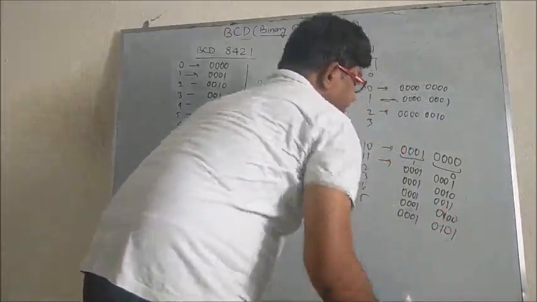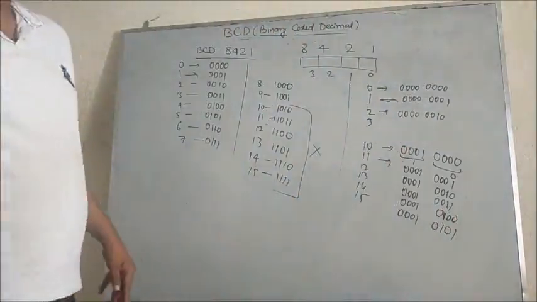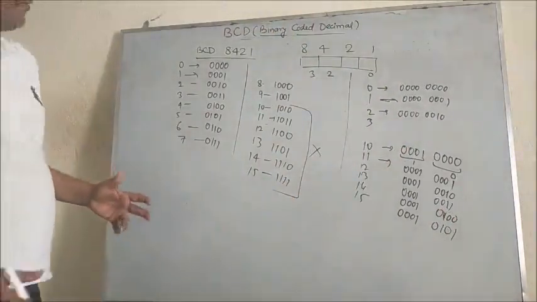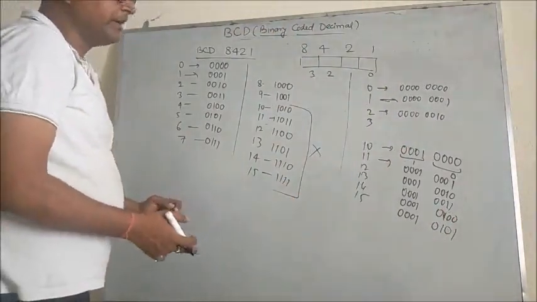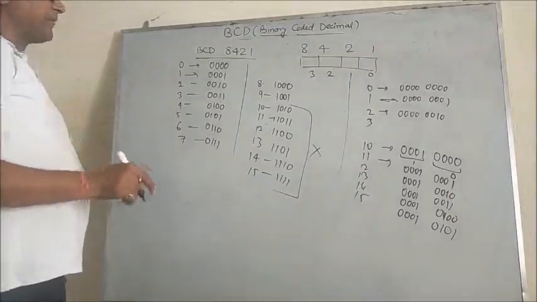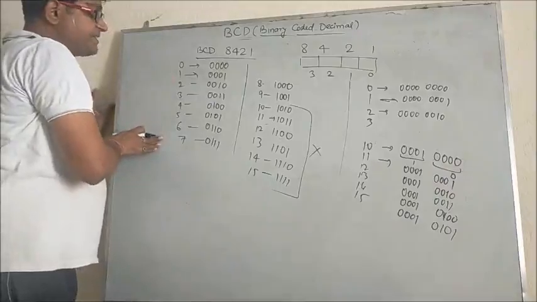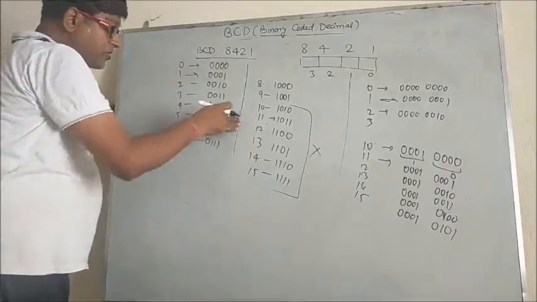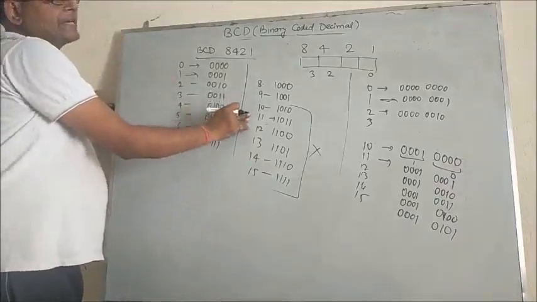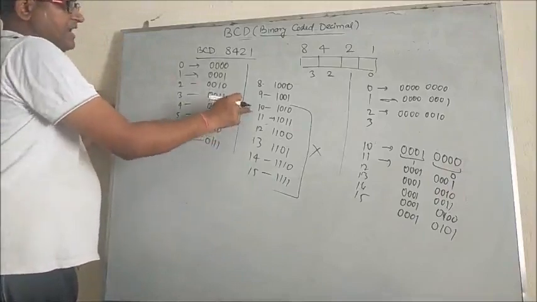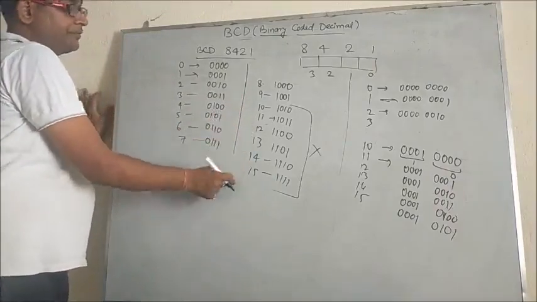Please make the correction. So I have already told you the difference between representation of single digit, and in single digit representation you cannot take hexadecimal codes which start from 10, 11, 12, 13, 14, 15.